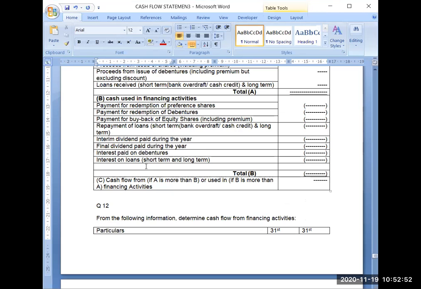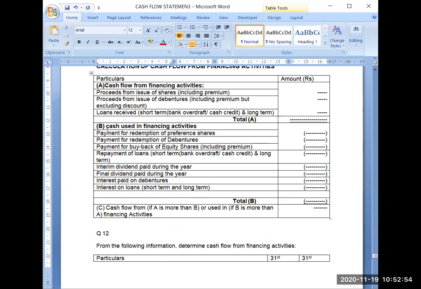Then what are the outflows of financing activities? If you are redeeming preference shares or you are redeeming the debentures, you will be paying the cash, or you are purchasing your equity shares on your own, or you are paying any of the loans you have taken.